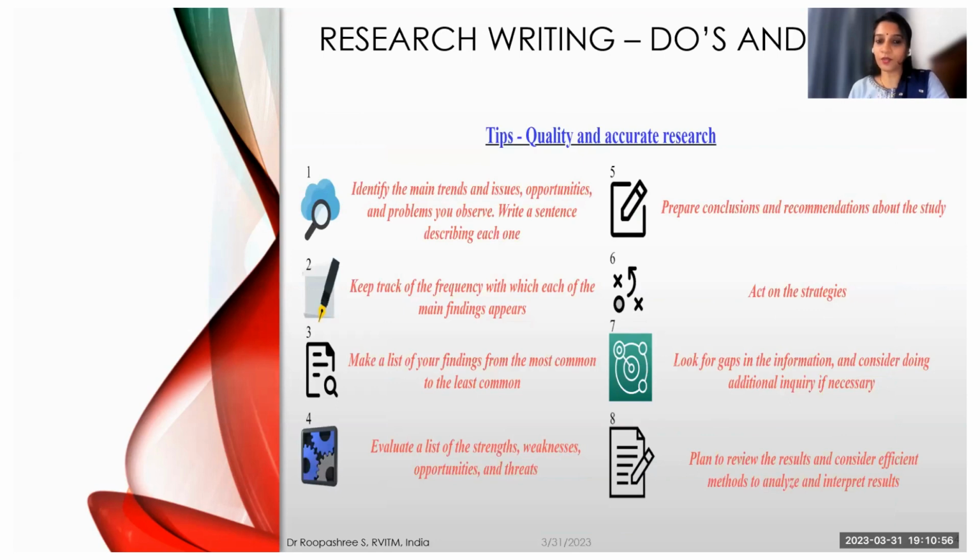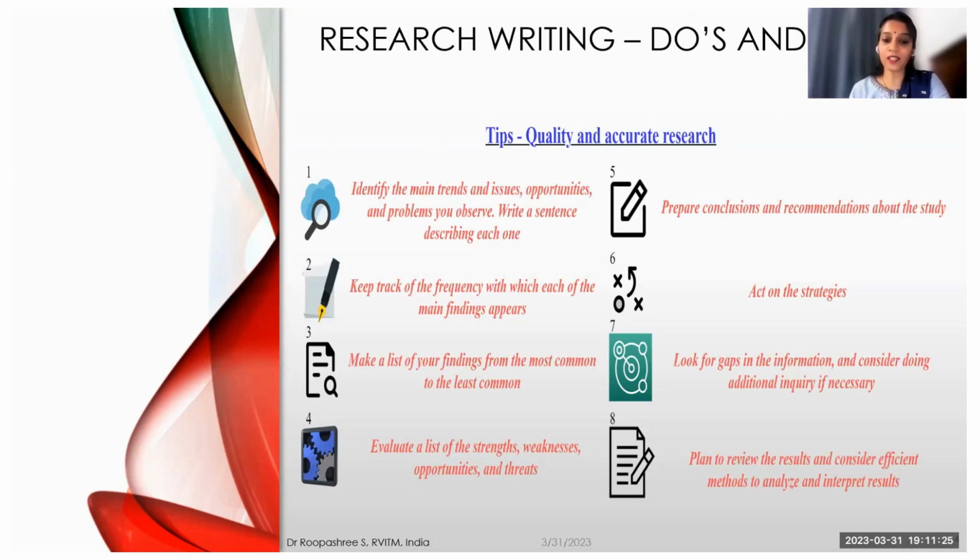Now, I would like to give you a few tips on the quality and accurate research procedure. Firstly, we have to identify the key trends or the key issues that are currently revolving. We need to describe them in a few sentences. Secondly, we need to keep track of the frequency with which each of the main findings appears.